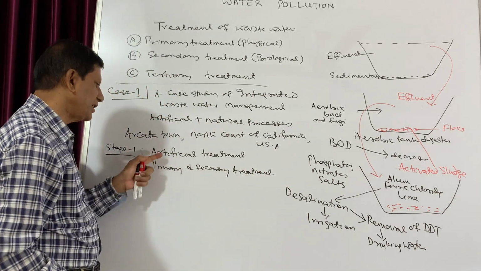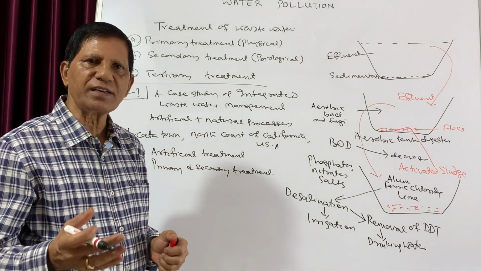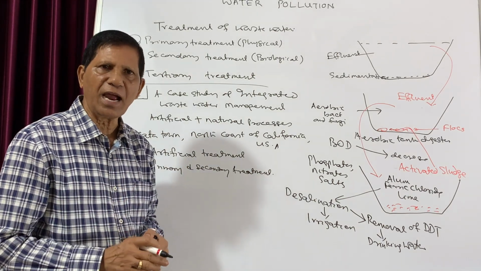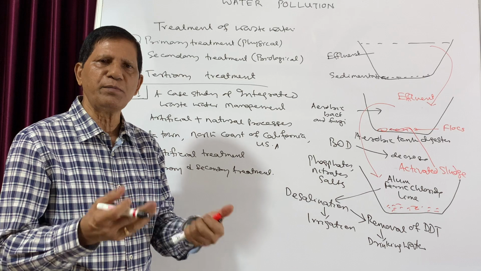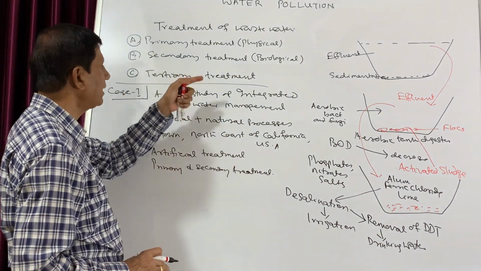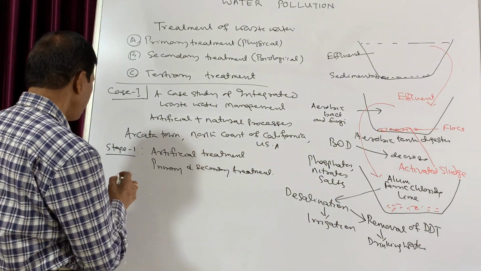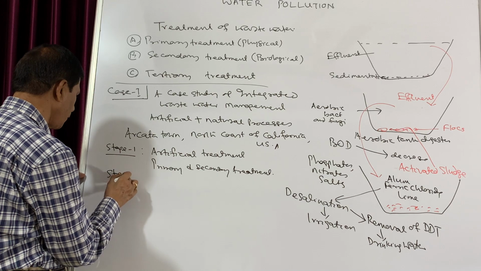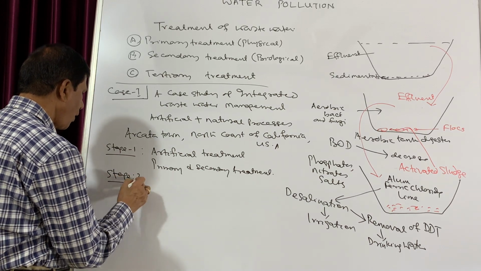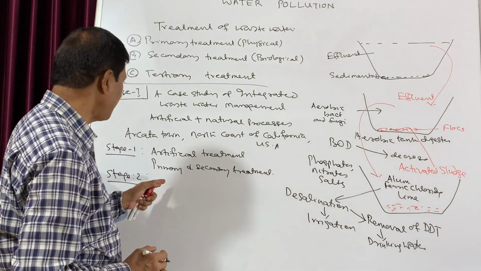Now after this primary and secondary treatment, still a sufficient amount of phosphate, nitrates and other things still remain. And even some toxic substances, heavy metals, still remain because they are not removed by primary and secondary treatment. So in stage 2, all these toxic materials were removed.